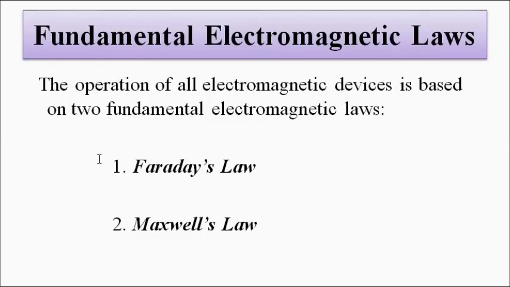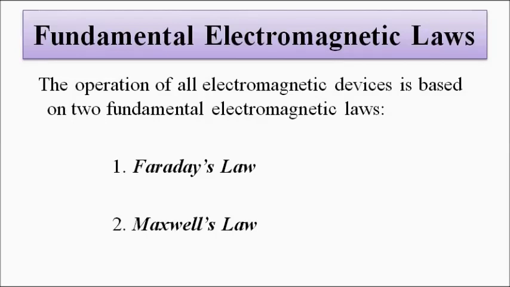So here we'll just go through it quickly. The basic fundamental electromagnetic laws, which play an important role in the working mechanism of any electromagnetic based device or sensor, are Faraday's law and Maxwell's law, along with Fleming's rule, which we'll also discuss in short.